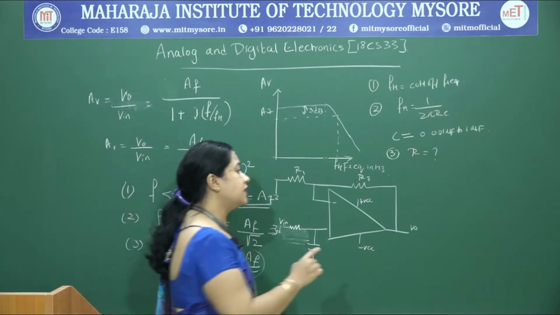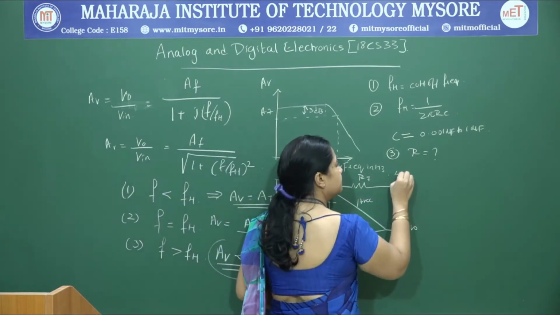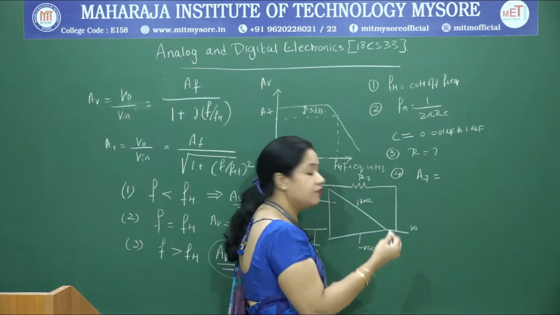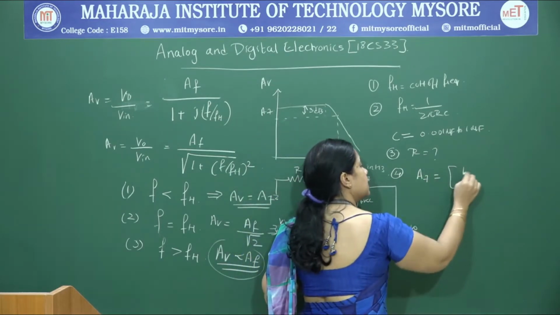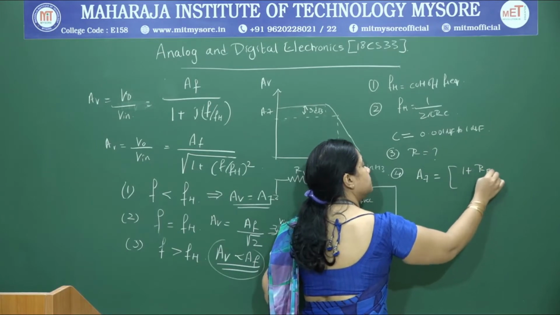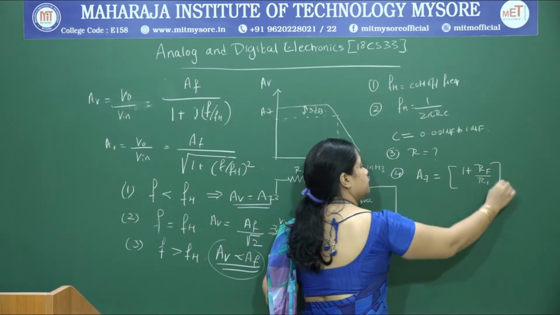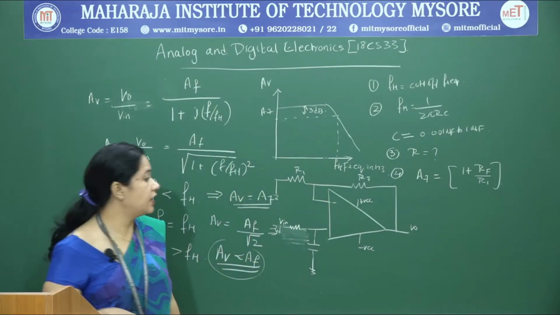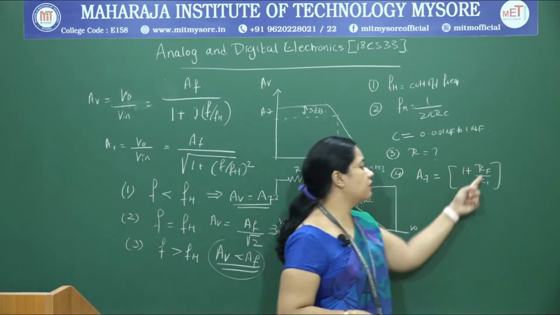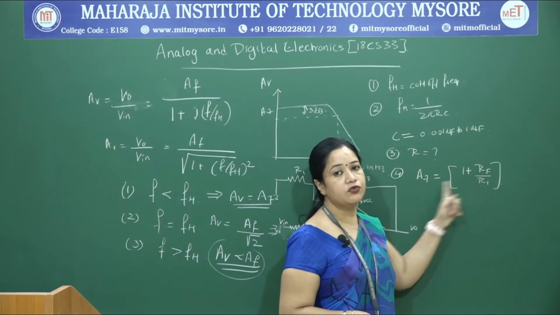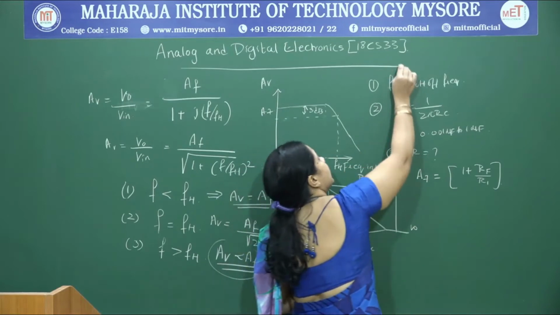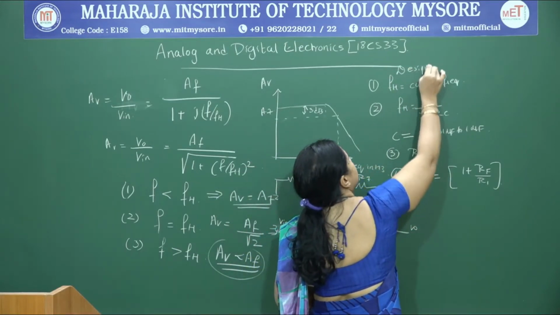Once this is done, you take the passband gain or the feedback gain, which is dependent on RF and R1. You look at this expression and determine the R1 and RF values for the required passband gain. So these are the design steps for designing a low pass filter.